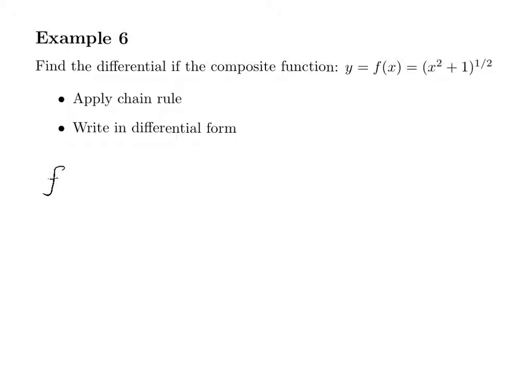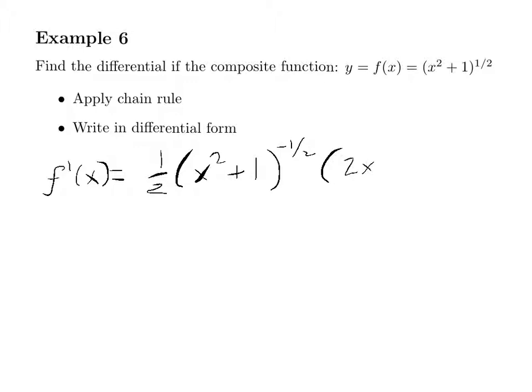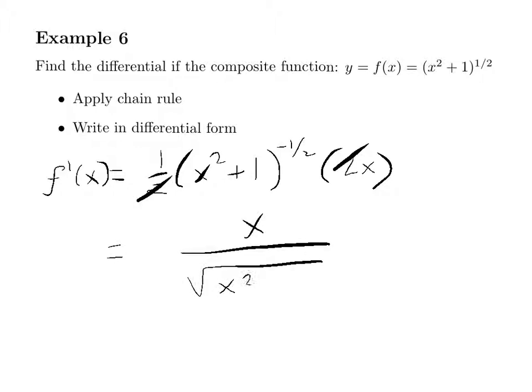All right, here's one that's slightly more complicated, but still straightforward because you know how to take derivatives. All right, find the derivative. Okay, so the derivative of the outside times the derivative of the inside, okay, which we can write as, the 2's will cancel, we can write as x over the square root of x squared plus 1, okay?